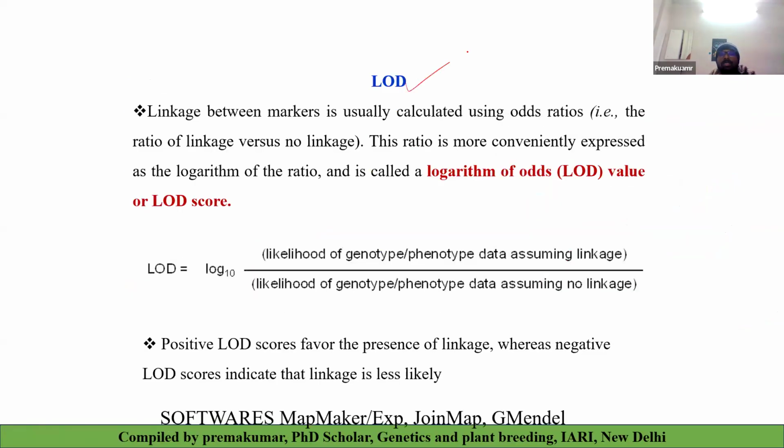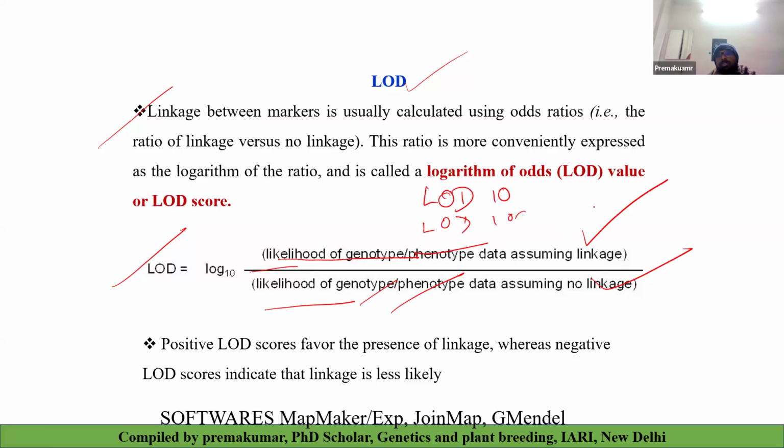Then another thing is the logarithm of odds. What is the logarithm of odds? It is the ratio between the likelihood of the genotype and phenotype with linkage, divided by the likelihood of the genotype and phenotype with no linkage. For example, you take log values like log 1, log 2, log 3.